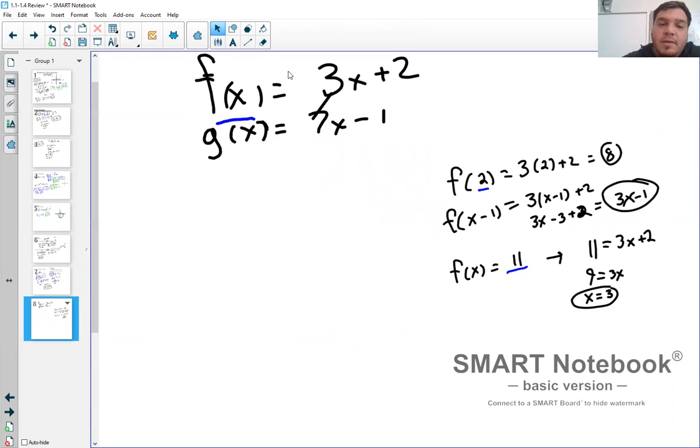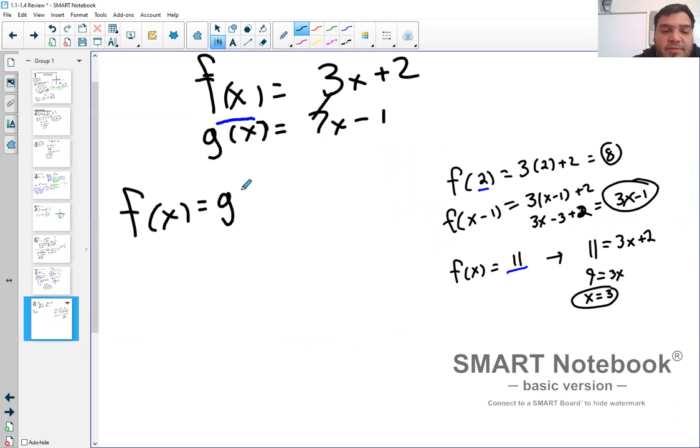Now, if I told you something along the lines of if f of x equals g of x, give me the x value that makes that happen. What I'm going to do is just simply plug it in where I have f of x, which is 3x plus 2, equals the g of x, which is 7x minus 1.